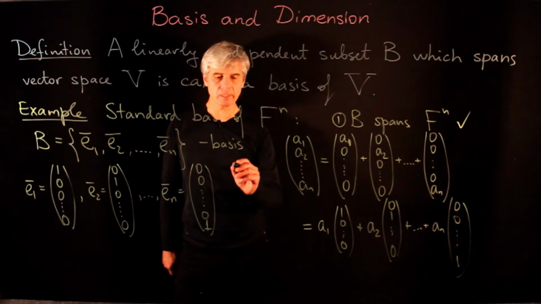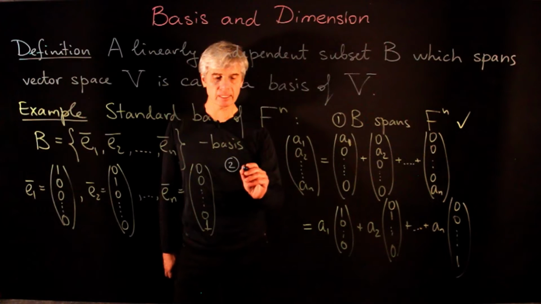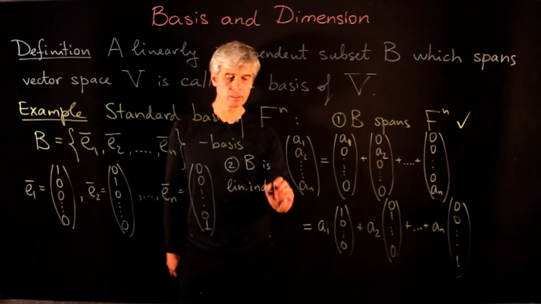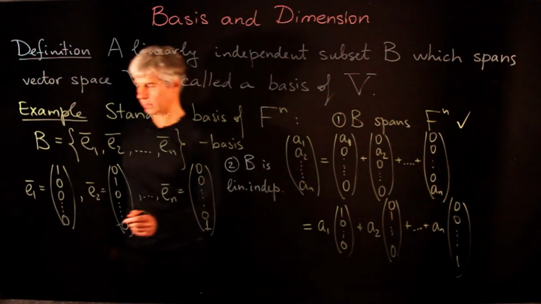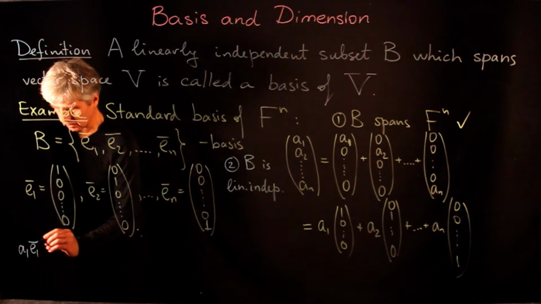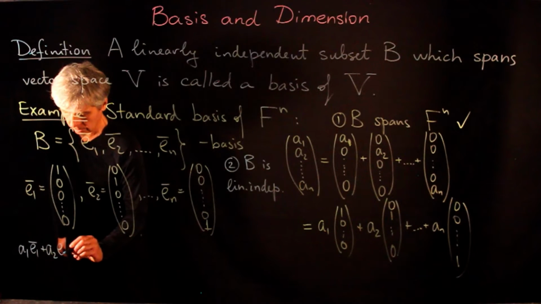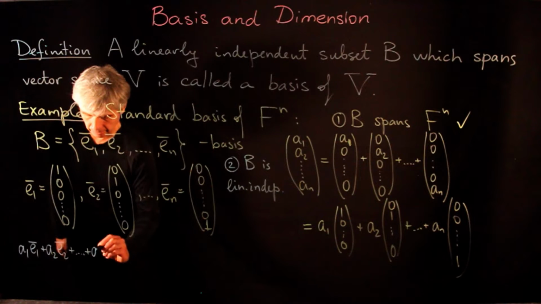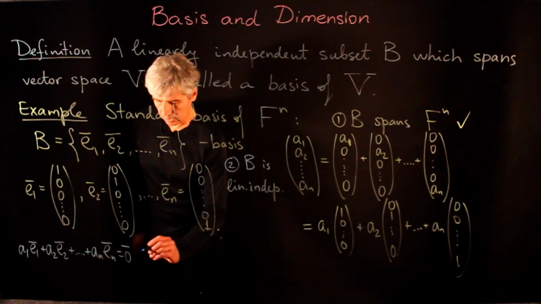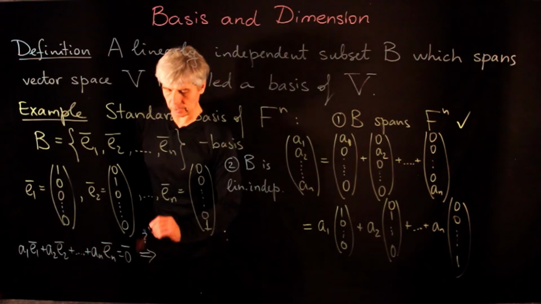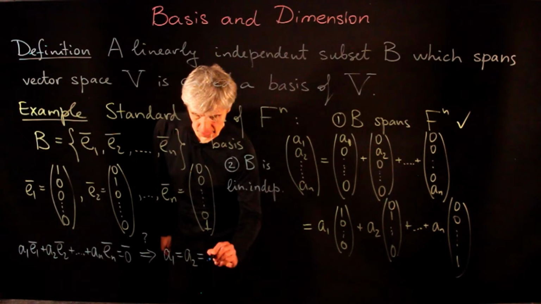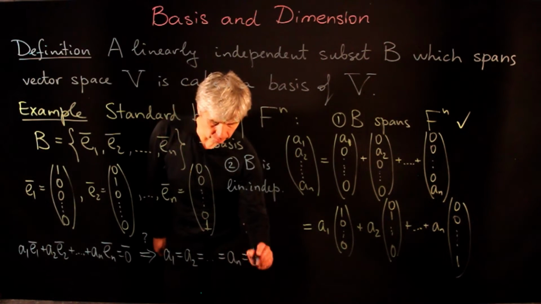Now, the second property that we need to verify is that this set is linearly independent. What does it mean? This means that if we have a linear combination of these vectors that is equal to a 0 vector, then this would imply, and this is what we need to check, that all the coefficients of this linear combination are equal to 0.